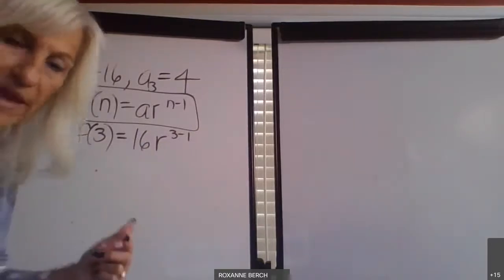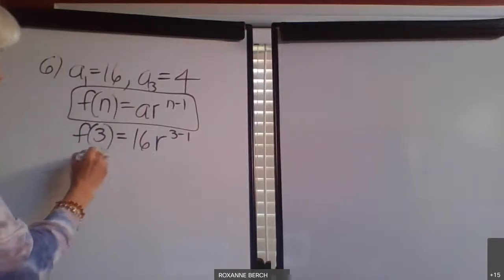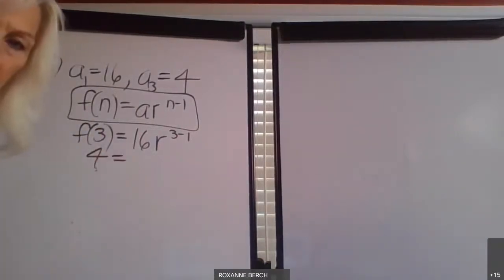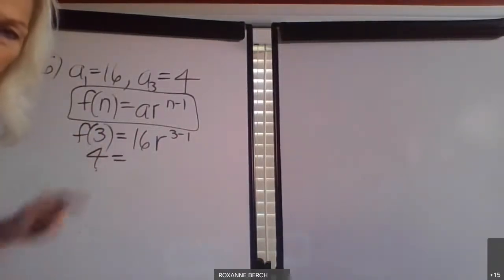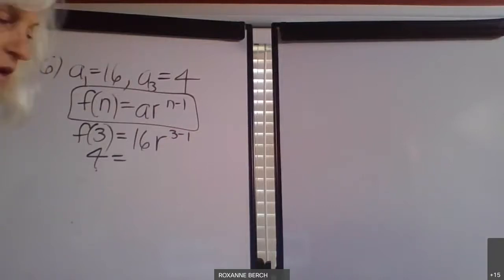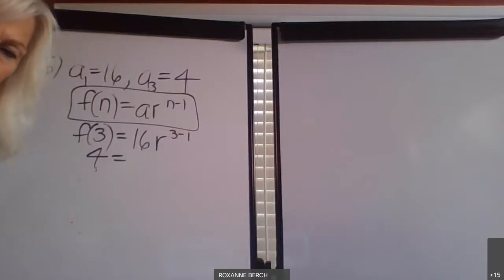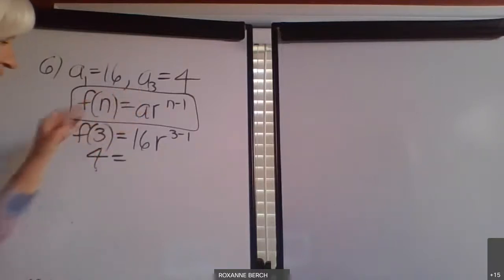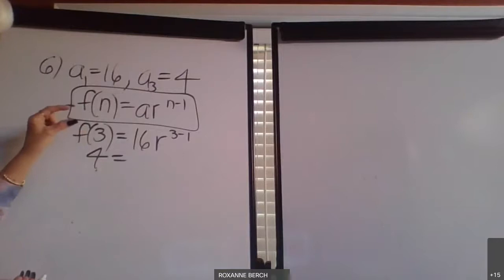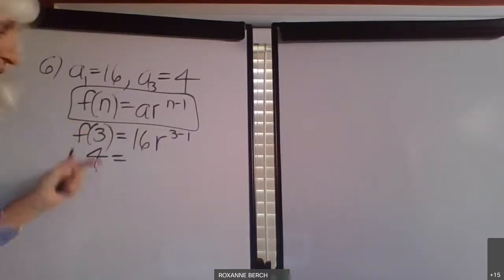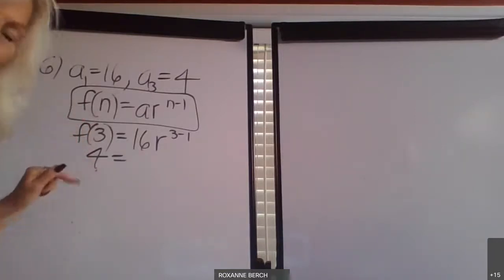And now, isn't the term in the third position 4? So see how I'm going to be able to solve for r? Isn't that cool? So I put in the third position, and I wrote who's in the third position, the term 4.